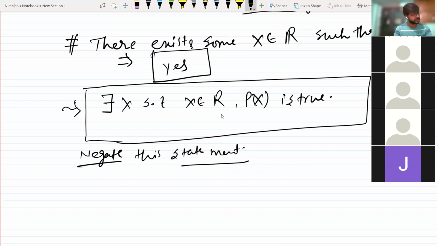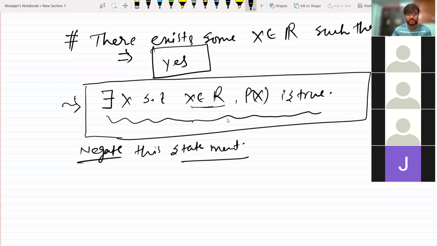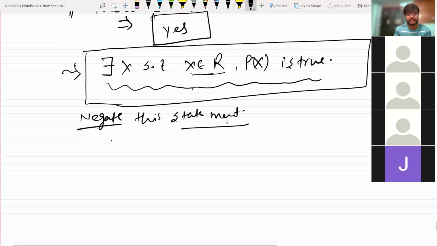So to negate a statement, you just need to remember two things. One, that you do not change the order. Okay, it is written in this way. You will not change the position of this thing to this, because if you change that, the statement will change. So to negate this statement, the existential quantifier turns into the universal quantifier, and the universal quantifier turns into the existential quantifier.